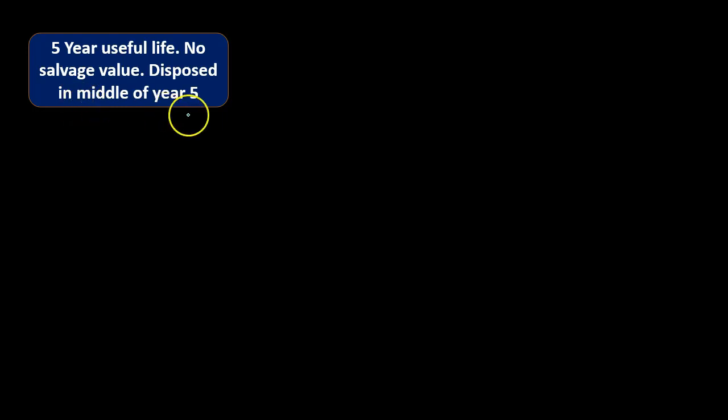And in the middle of year 5, the last year, we are disposing of this equipment before it's totally depreciated. And therefore, we need to account for, before we dispose of it, 1/2 year of depreciation, because the last year of depreciation happened at the end of year 4 when we did the adjusting process. We're in the middle of year 5, we're getting rid of the equipment, and we need to get it up to date in terms of those 6 months of depreciation that has not yet been recorded.